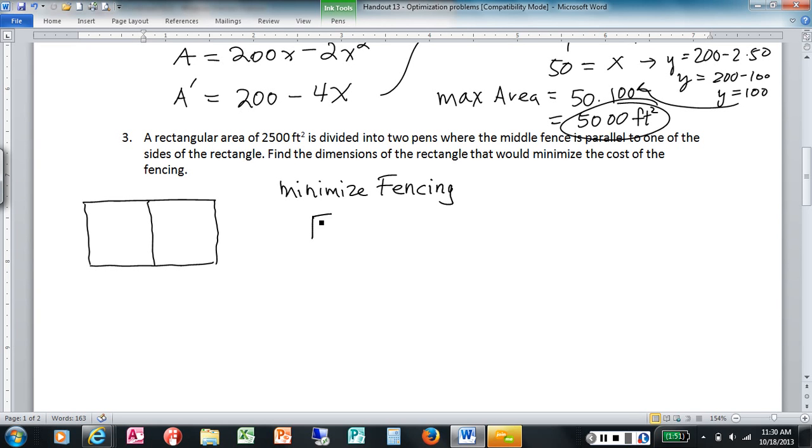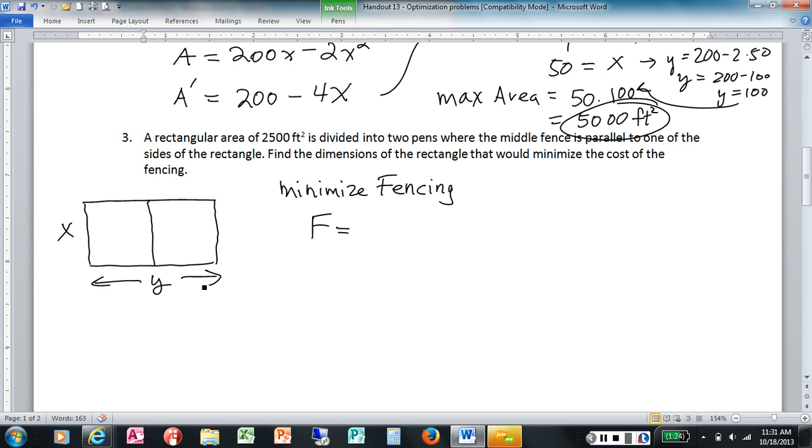So I need a fencing equation, once again. Well, the easy way to do the fencing equation is, again, we've got one side is x, and let's not divvy it up here. There's no real need to specify because it could be down the middle, it could be to one side or the other.